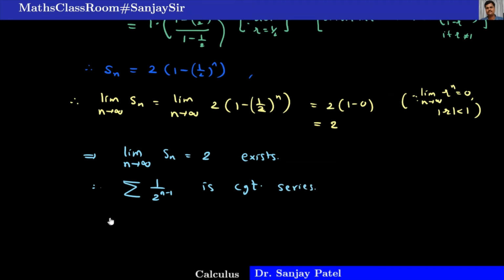Not only that, we can also write that its sum, this infinite sum from n equal to 1 to infinity, is nothing but the value of this limit, which is 2 here.